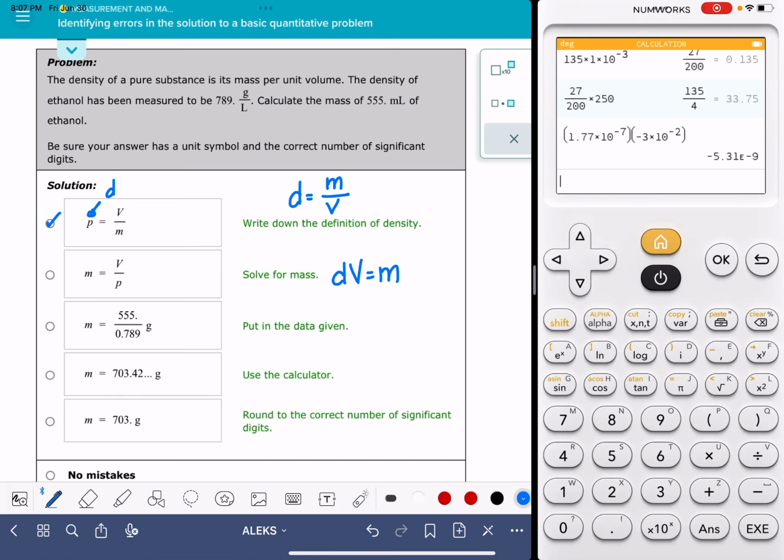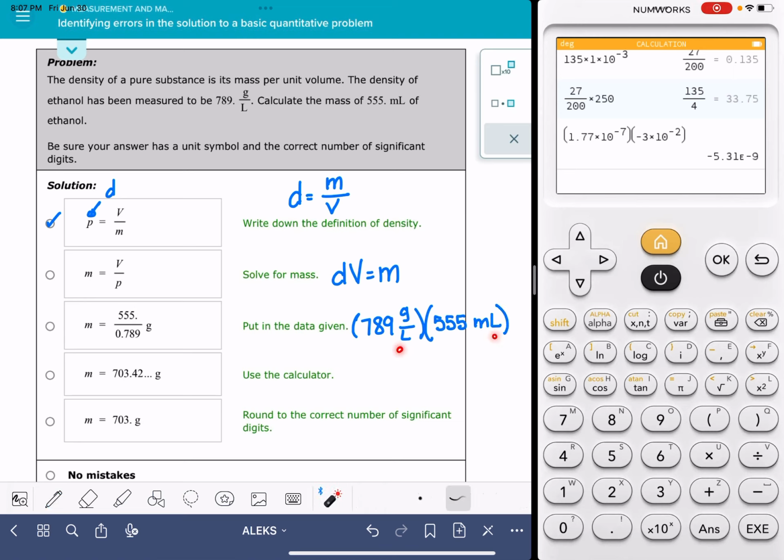And then it says it wants us to put in the provided data. So the data that I got in this problem that was given to me was a density of 789 grams per liter. And the other piece of data that I got was 555 milliliters. And those are incompatible units.